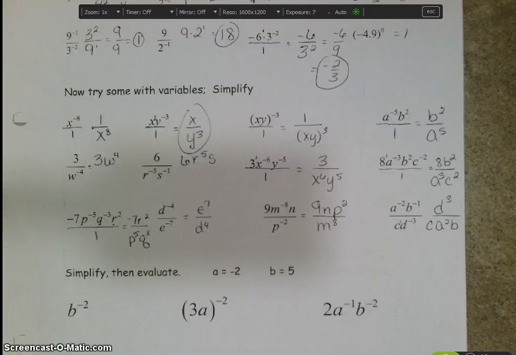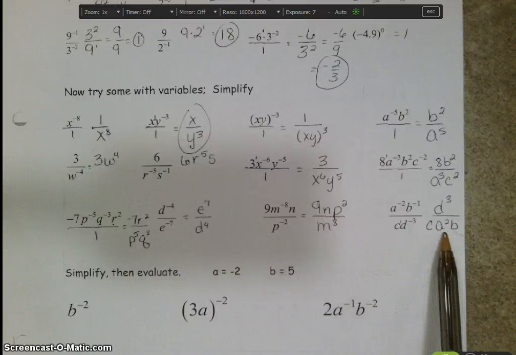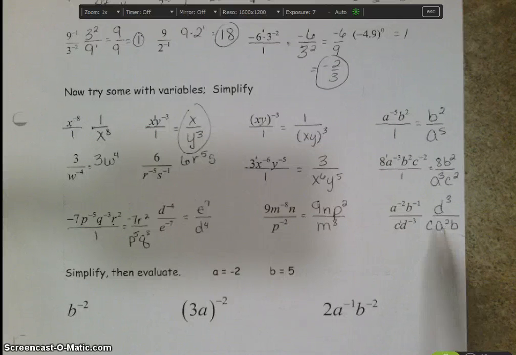And one question you might be thinking right now, especially with this one with the NP, and then this one with the C, the A, and the B, is does it matter what order I write them? No. They're all multiplied together. Commutative property says we can multiply in any order. I will say this, you'll see it when you look at a textbook or in a test or official somewhere, you'll see it in alphabetical order.